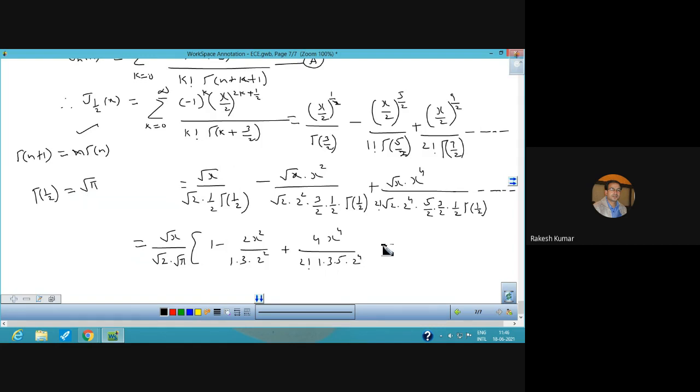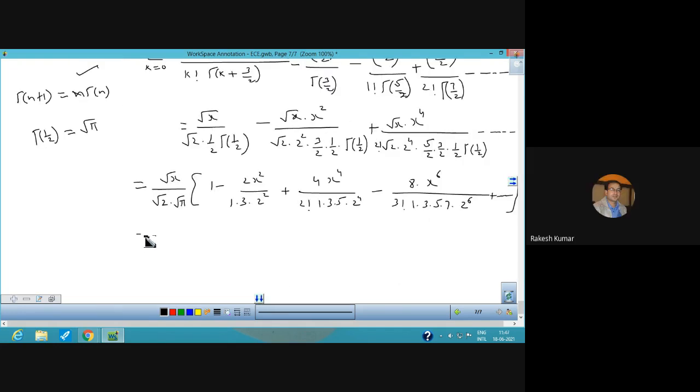This is the adjustment we are going to do, and similarly we can write down the next term, 8 into x raised to power 6, 3 factorial is there, and that will be 1 3 5, and 7 is there, 2 raised to power 6 is there, so on, and close the bracket.